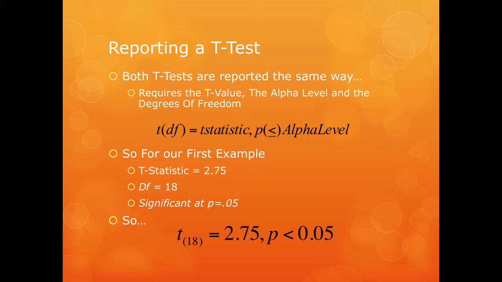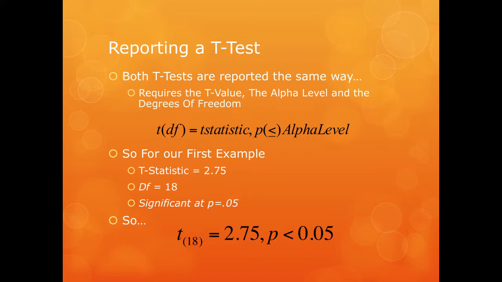So you're above 95% sure that your results are not due to chance, because remember, we were only willing to risk 5%, and that is what our significance level is. So you were willing to risk 5% to be wrong, and since you rejected the null, that means you're at least 95% sure. So your p level anytime you reject the null is always going to be less than 0.05.